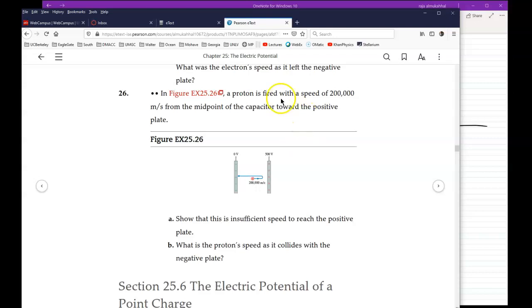Okay, so here a proton is fired with a speed of 200,000 from the midpoint of the capacitor toward the positive plate. Show that this is insufficient speed to reach the positive plate. Interesting.